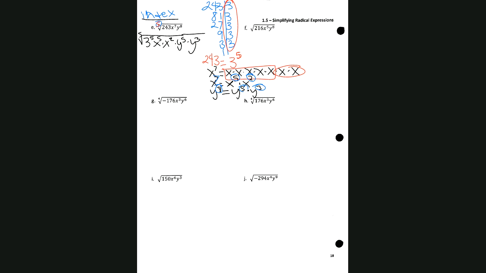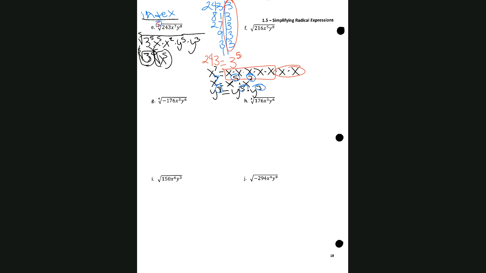Now we're going to separate the radicand into roots. So that will be the 5th root of 3 to the 5th power times the 5th root of x to the 5th power.